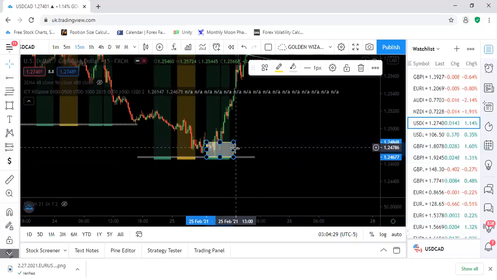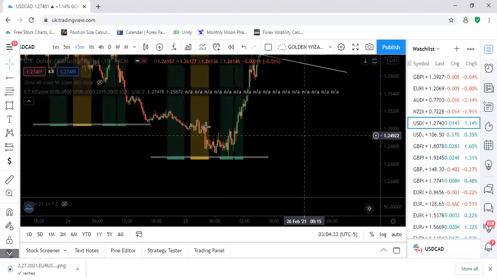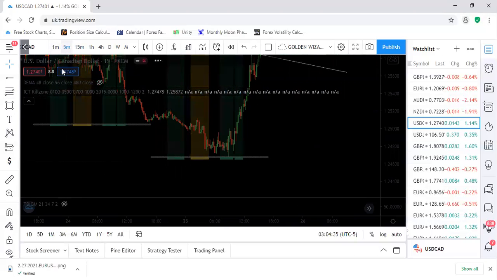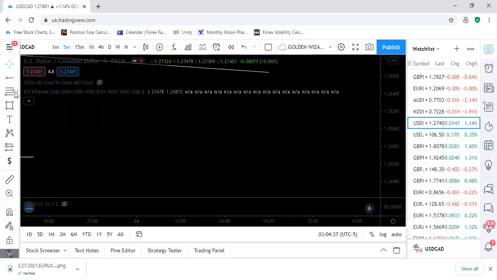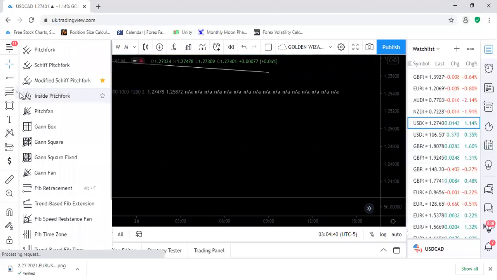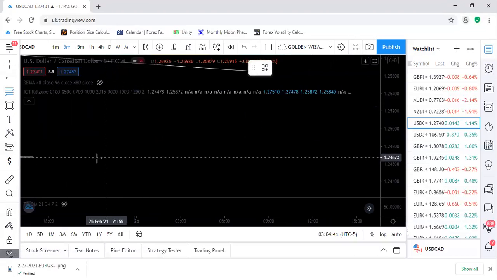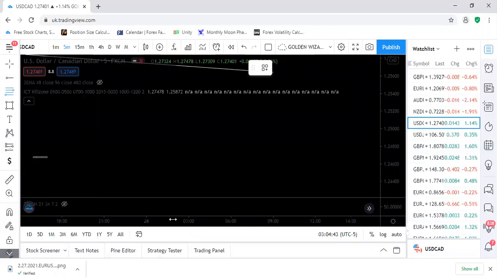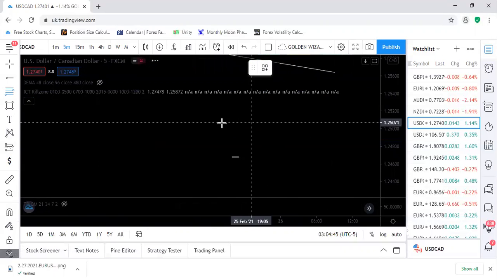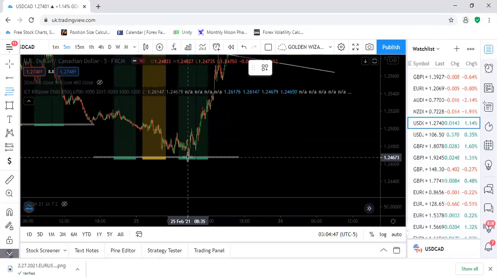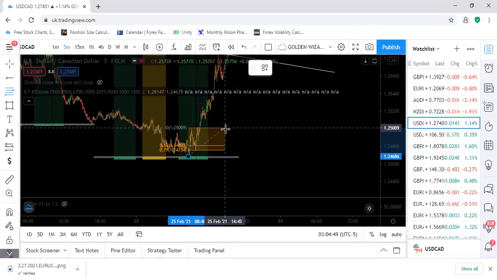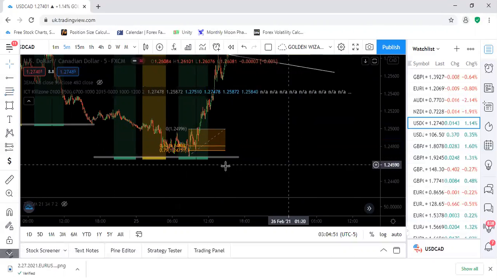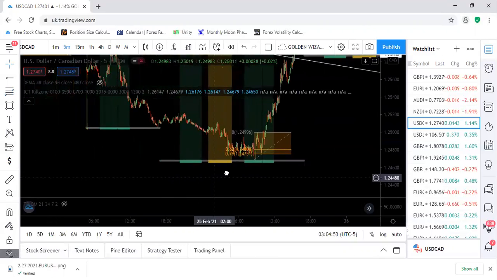They came up and broke and came and pulled right back. So you can see it without even, let's go to the 5 minute. You don't even need to draw the fibs. I'm on the 5 minute, but look at that.